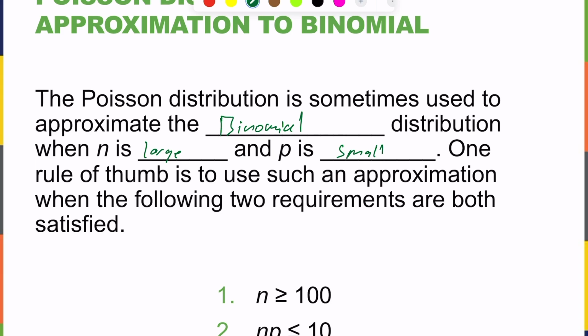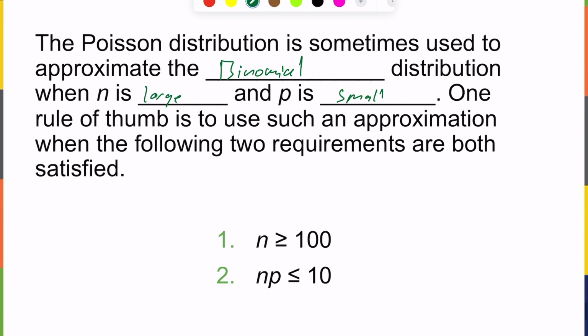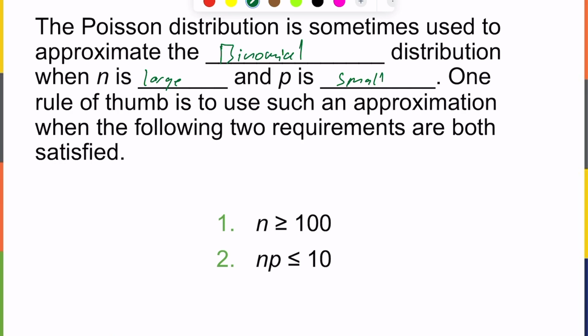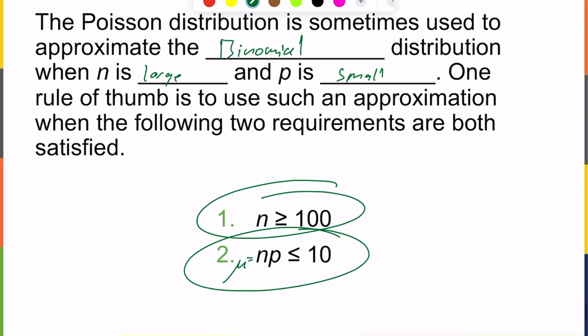One rule of thumb is to use such an approximation when the following two requirements are both satisfied: when the number of trials is greater than 100, and when the average number of times that something occurs is less than 10.